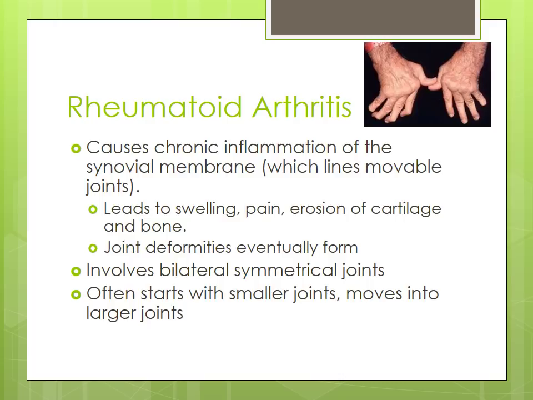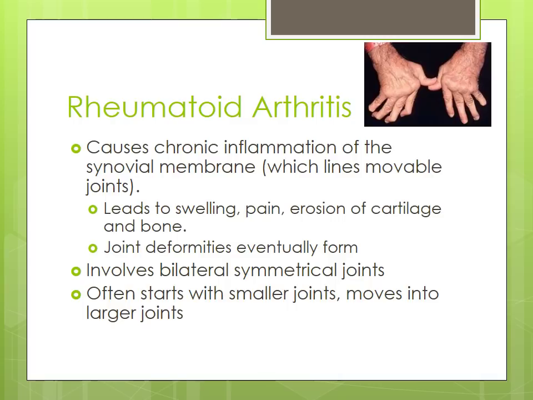What happens is this chronic inflammation leads to swelling, it leads to pain, it leads to the erosion of joint cartilage and bone. Granulation tissue starts to build up, so the space between the joints changes physically and causes deformities as well.